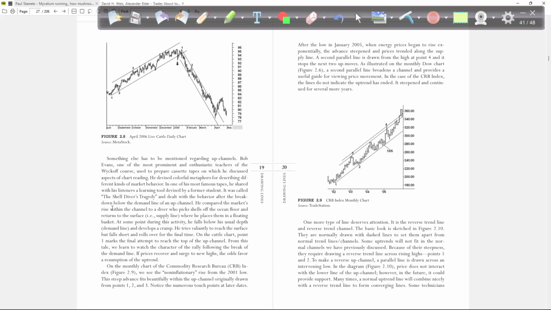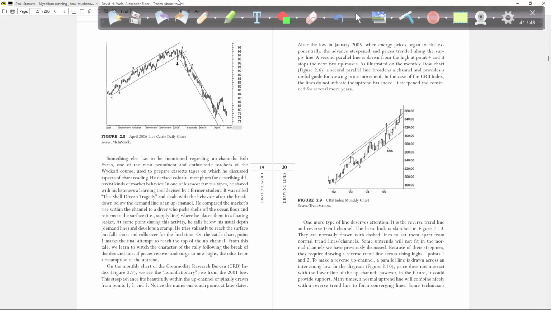In one of his most famous tapes, he shared a learning tool devised by a former student. It was called the Shell Diver's Tragedy, and dealt with the behavior after a breakdown below the demand line of an up channel. He compared the market's rise within the channel to a diver who picks shells off the ocean floor and returns to the surface, which is the supply line.